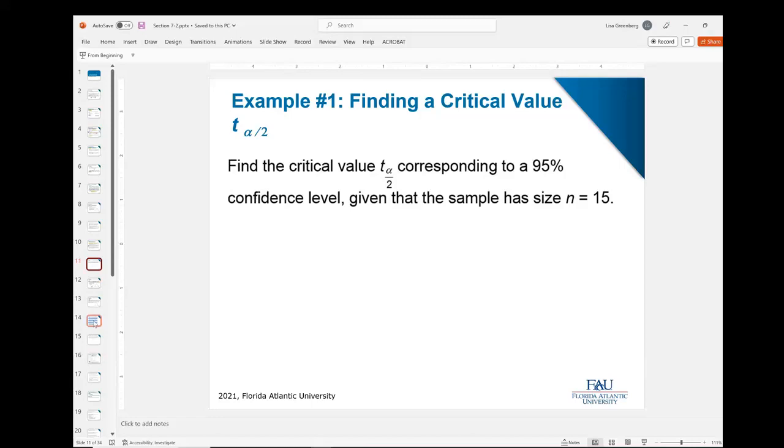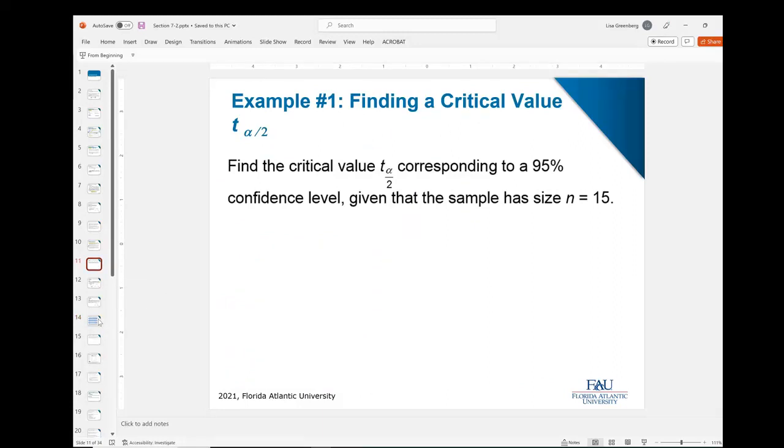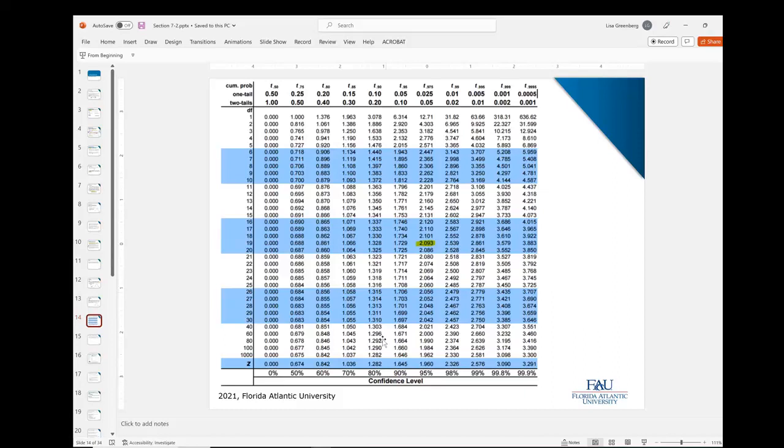We could go to this table and we should remember what it says: 95%, size is 15. So our degrees of freedom is one less, which is 14.